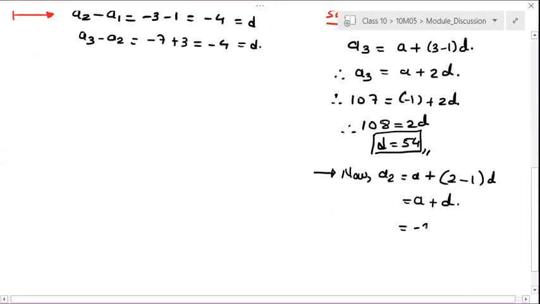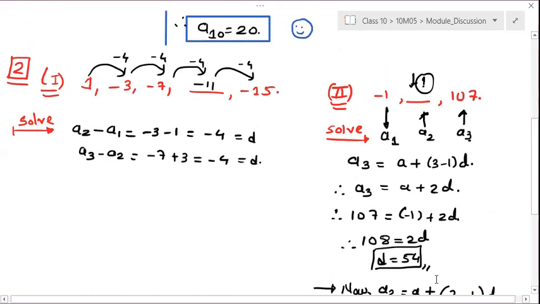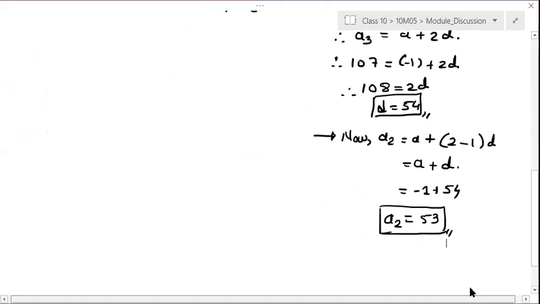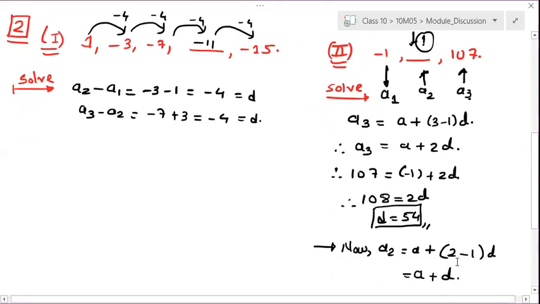So it is -1 plus 54. 54 minus 1, 53. Therefore, A2 equals 53. Okay. Is it clear? So this is your first and second question. Let us see the next question. Third question.